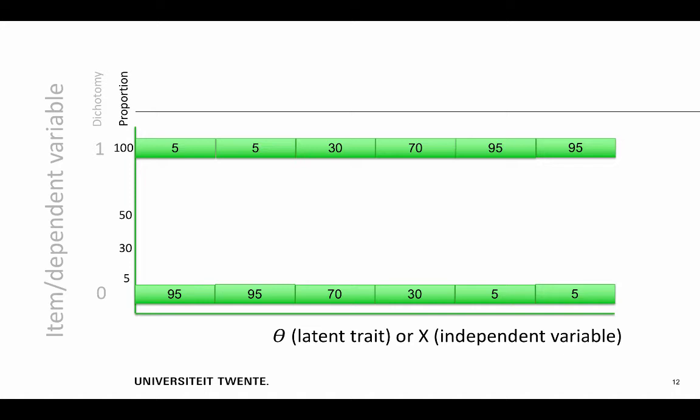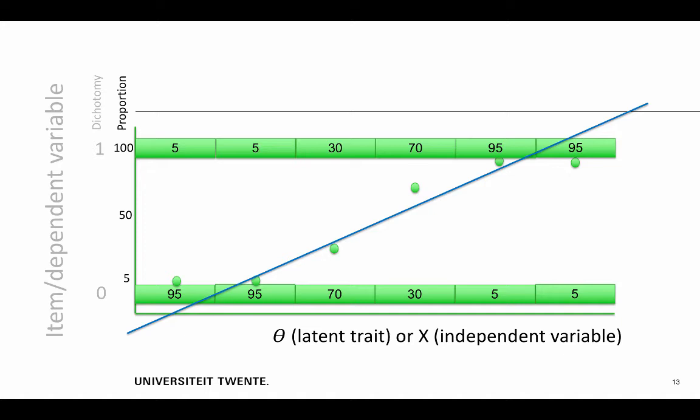Now, instead of using 0 and 1, we use proportions. So the first proportion here is 5. It's positioned here. The second one is 5. Then we've got 30, okay, 70, 95 and 95. And now we see something which is a bit closer to a line. So maybe this is the thing we need to estimate. Not the 0 and 1, but the proportion.